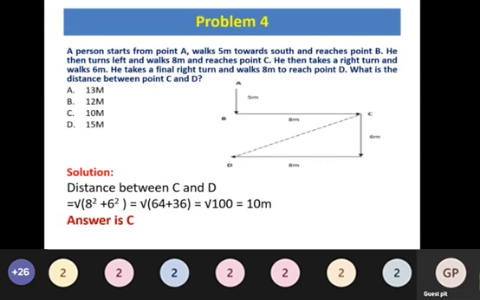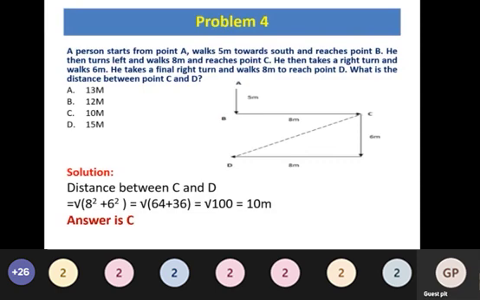If we draw a suitable diagram, we can find the distance between C and D by applying the Pythagoras theorem, and you are supposed to know the lengths of the sides. The options are A, 13 meters, B, 12 meters, C, 10 meters, and D, 15 meters. We'll see what happens to the problem.